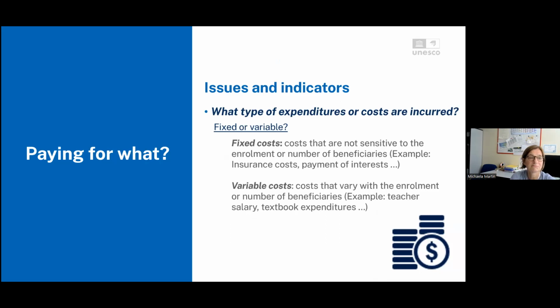For instance, insurance: whatever the number of children enrolled, if there is a basic insurance that is not based on schools, that is a fixed cost. Variable cost is the cost that varies with the enrollment or the number of beneficiaries.